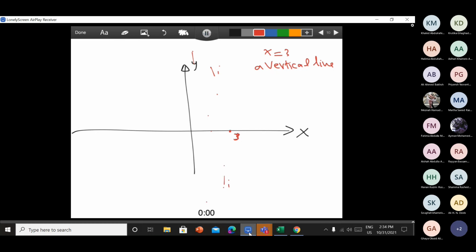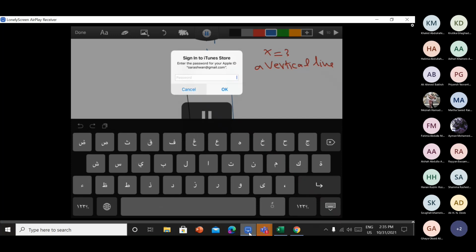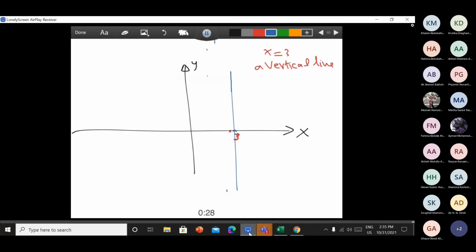Sorry, I'm trying to graph it. Okay. Now, I'll change this one into 3. So this is a vertical line, x equal to 3.